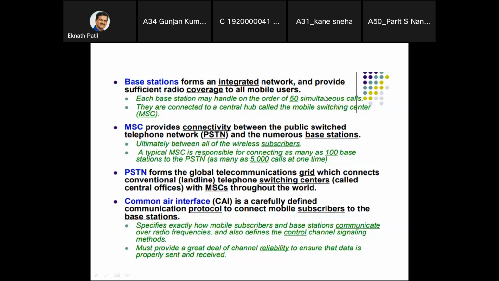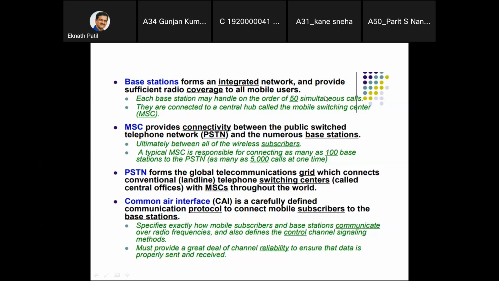We are connecting many times with the help of this process. Okay, so it must provide a great deal of channel reliability to ensure that the data is properly sent and received.